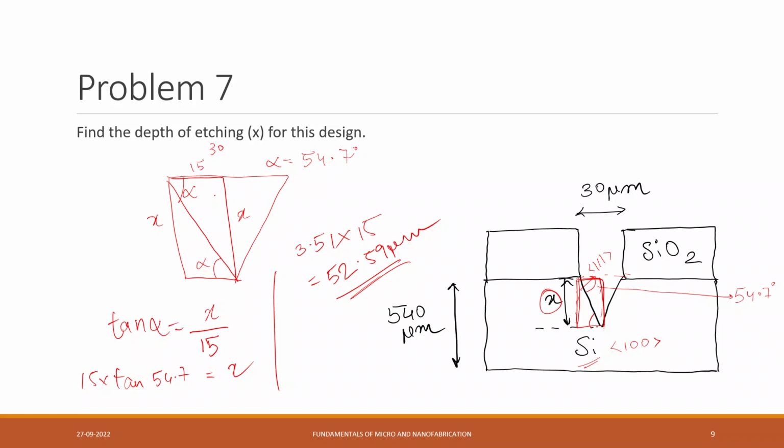Okay, I think here I have taken this in radian. Should I put it in degree? So essentially it is in degree.